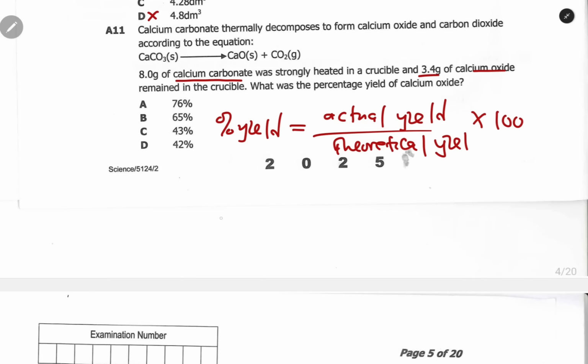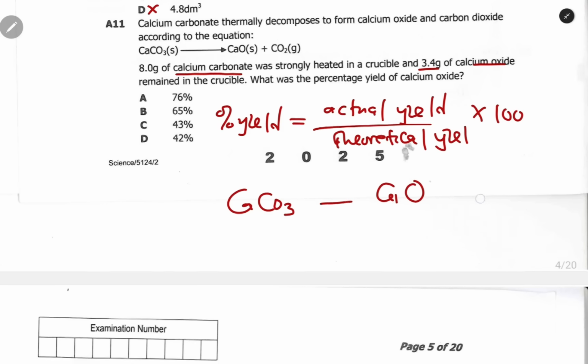Now to find the actual yield, we are going to form a ratio of calcium carbonate to calcium oxide. We are going to use mass to mass.